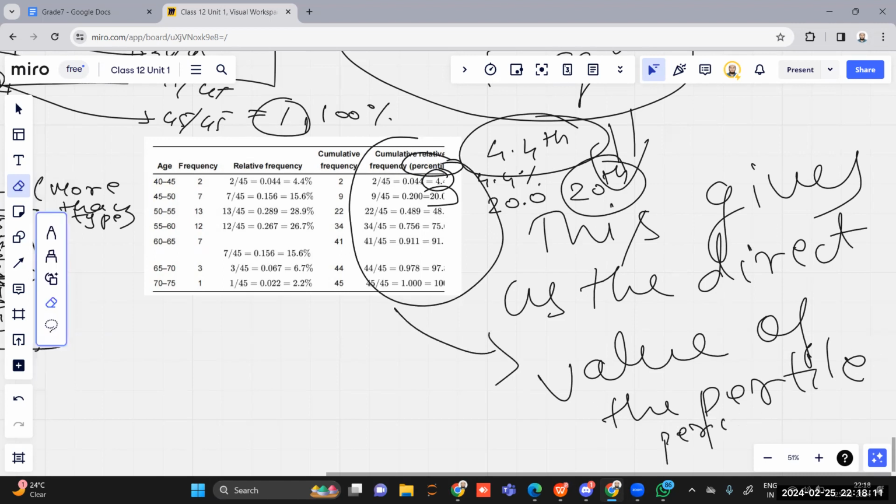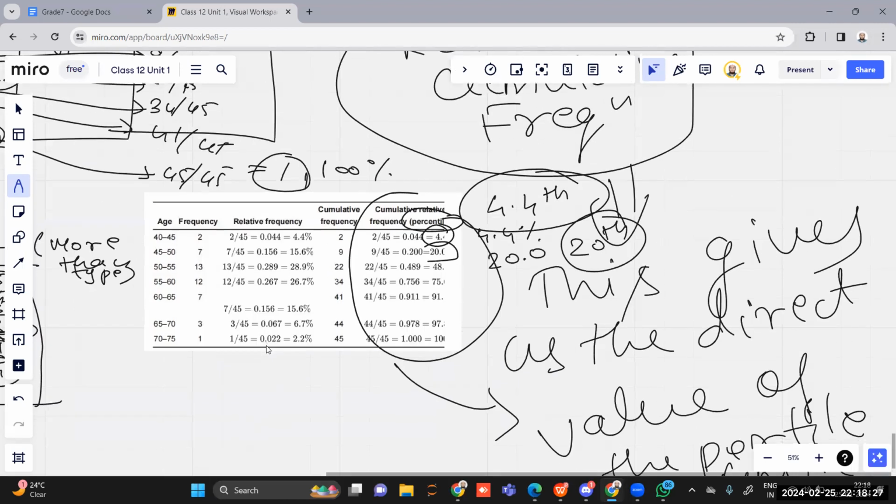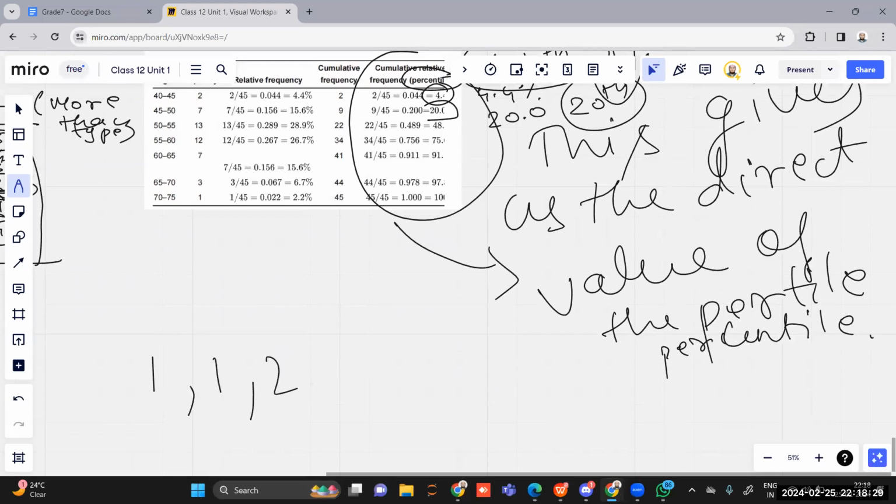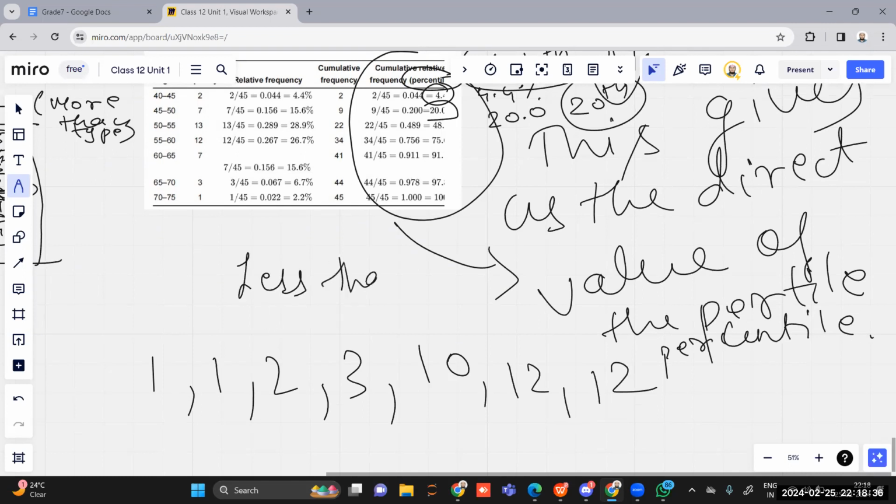Percentile. Understood? We were calculating percentile like 1, 2, 3, 10, 12. If we take the less than type of cumulative frequency, this much data lies below this.